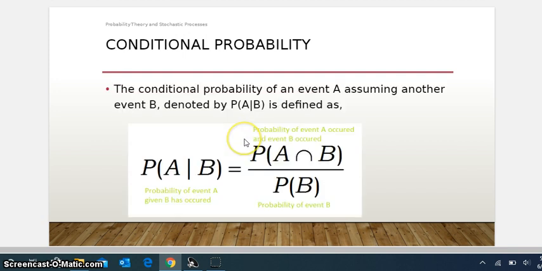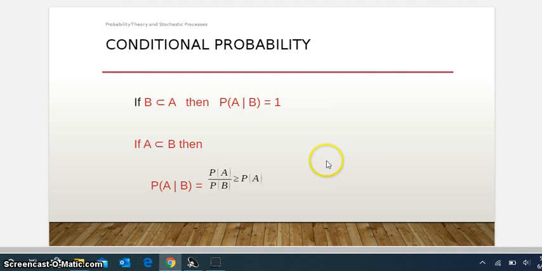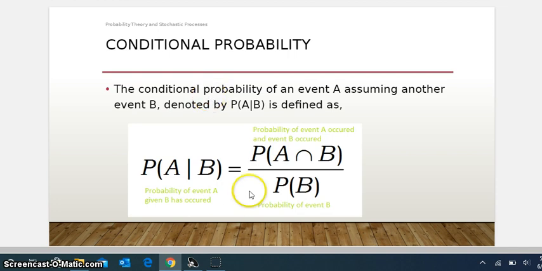Is it P of A or P of B? B is a subset of A, so the joint P of A intersection B gives P of B, because the common elements of B and A are the elements of B. So P of B divided by P of B is equal to 1.